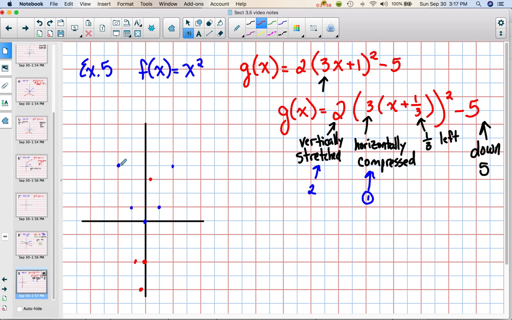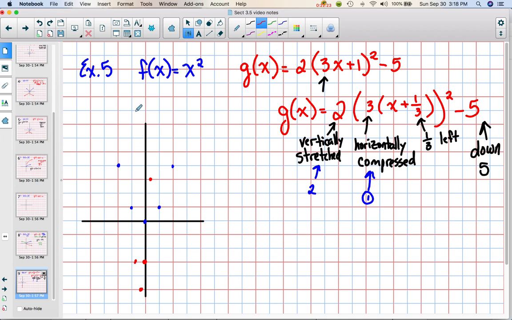Okay, one more point here. I am at an x value of -2. I divide that by 3, which gives me -2/3. So -2/3 is about here. Now I'm at a height of 4, and I need to vertically stretch it by 2, so I need to be at a height of 8.